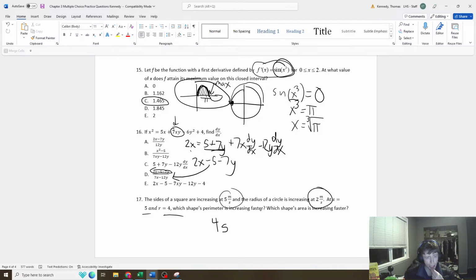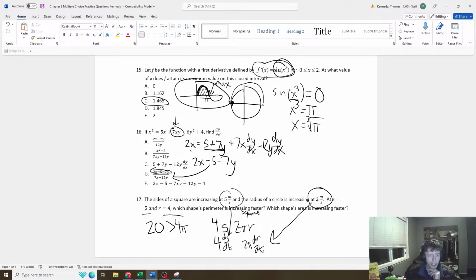The perimeter equation of a circle is 2 pi r. If we take the derivative of these things, we get 4 ds/dt and 2 pi dr/dt. And those things we know. dr/dt is 2, ds/dt is 5. And so now all we have to do is say which one's bigger, 20 or 4 pi, and 20 is bigger. So which one's here? Square.